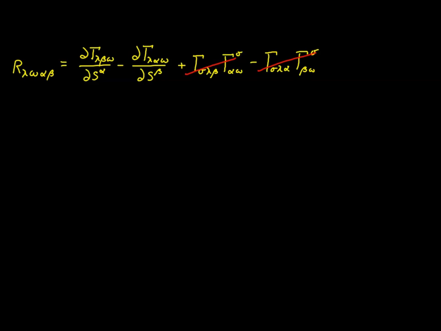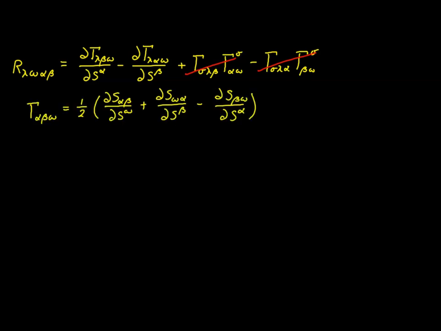And that greatly simplifies the complexity of this expression. So now we have only two terms to work with, and we can continue to simplify the expression by expanding these two terms out. Well, we do that by reminding ourselves of the definition of these Christoffel symbols of the first kind. It's given right here. So we'll simply apply this pattern to each of these terms in turn. So we'll apply it to this one first.